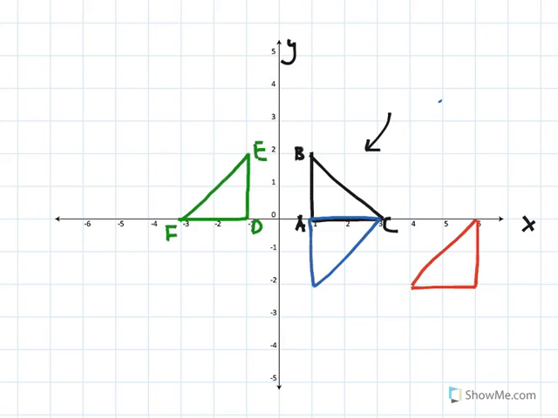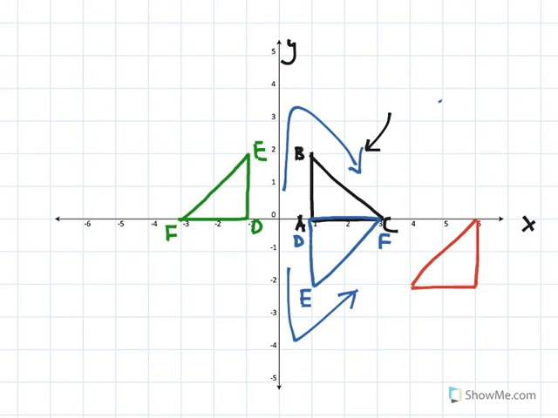If you sandwich them together, A would be the same point as the current A, so let's call this D. This would be F, E, because it's basically DEF going this way. Same thing here, just a mirror. And that's a reflection over the x-axis.